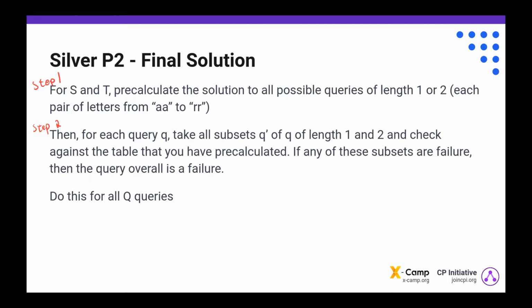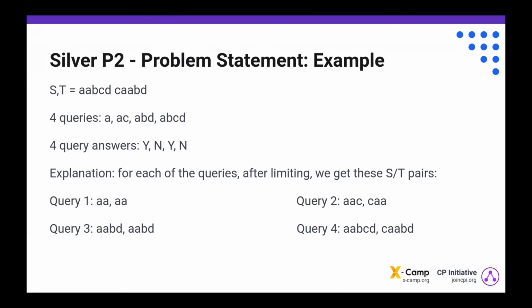So let's see an example. If the input S and T is the example that we saw before, A B C D and C A B D, then we first of all only need to check the letters that are inside the input, so A through D. So we take all of these pairs.